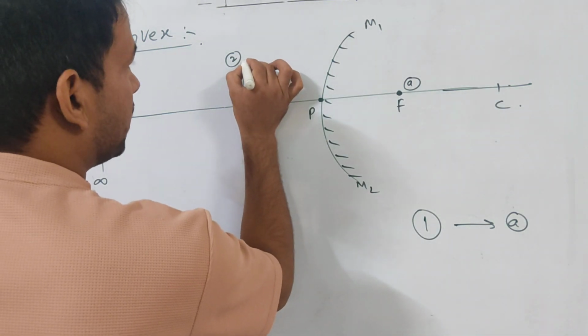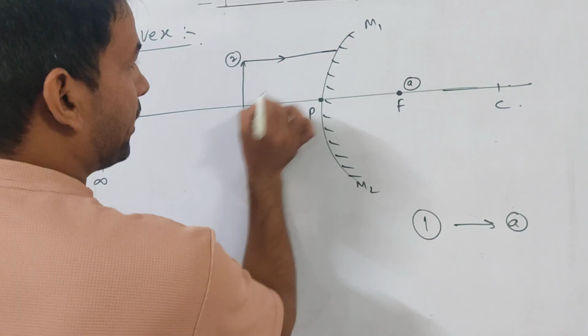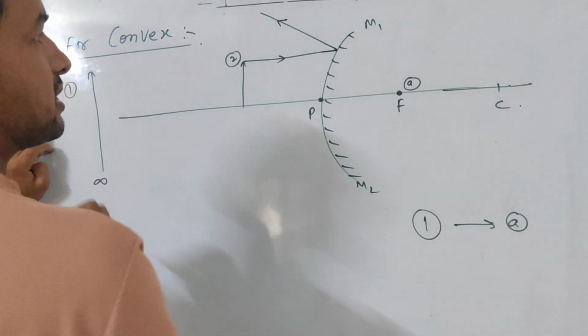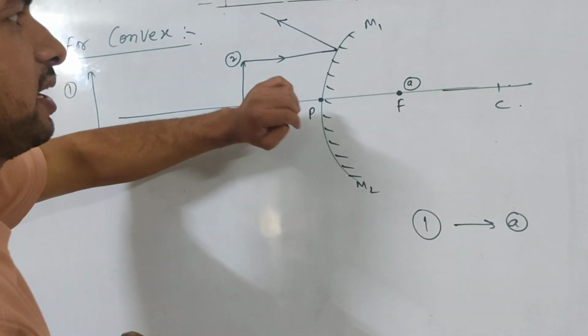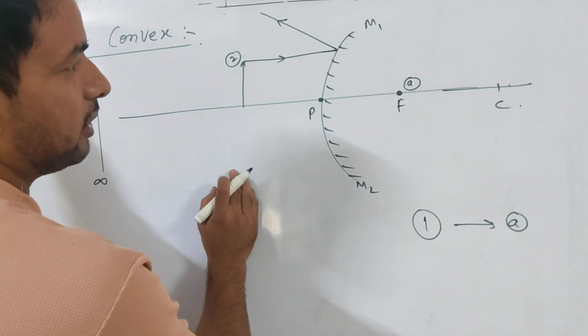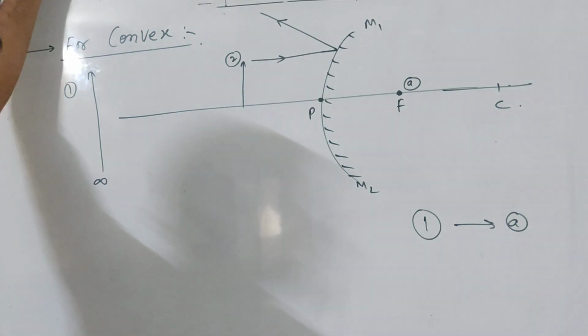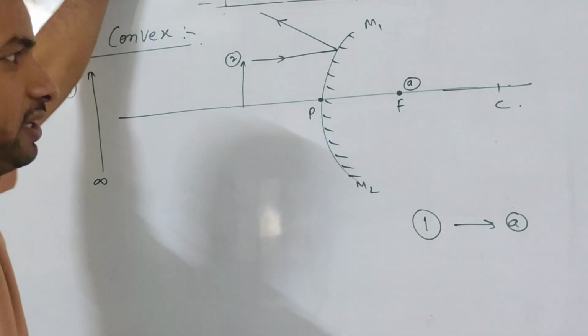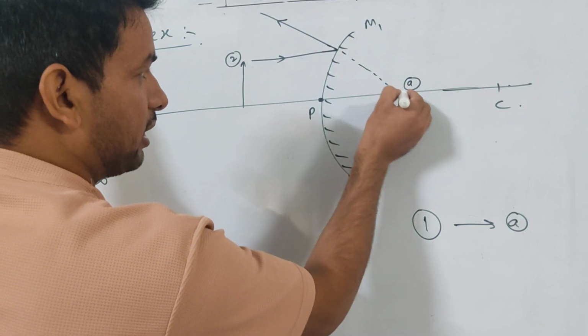Now see, a ray will come towards this parallel to the principal axis, it will move towards this, क्योंकि हायर एंगल बाहर वाला है तो रे को इजियर पाथ चाहिए मूव होने के लिए, तो इजियर पाथ पे जाएगा, राइट? जैसे आप लोगों को इजी वे चाहिए पास होने के लिए और मार्क्स लाने के लिए, राइट? तो इजी वे, इसलिए लाइट को भी इजी वे चाहिए अपने पाथ को ट्रेवल करने के लिए.